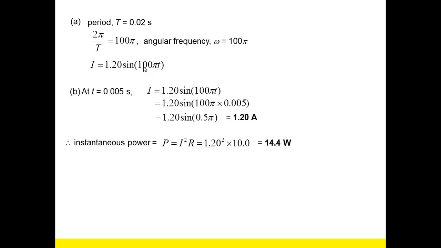To find the instantaneous current and power, all we have to do is to sub in the t into the equation, and we find the value of I. To find the instantaneous power, we sub in the value of I multiplied by the value of R, and we get the value of the power that we're looking for.